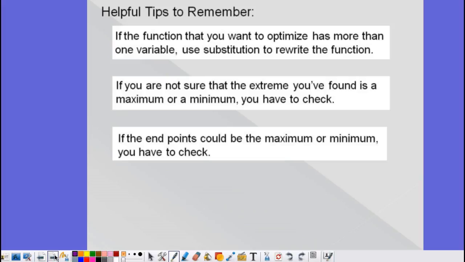However, if they give you a definitive domain, EVT stresses you must check your endpoints. So again, if you have an optimization problem and they give you a domain, check your endpoints. Oftentimes they're setting you up for an endpoint to be the value maybe you need.